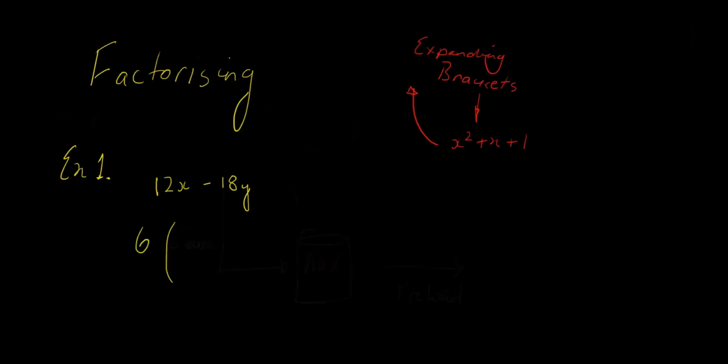So if I take the 6 out, what multiplied by 6 gives me 12x? 2, and remember the x. So 6 times 2x gives me 12x. And then 6 into 18 is 3.